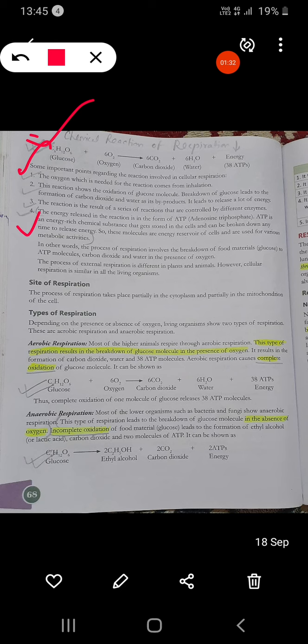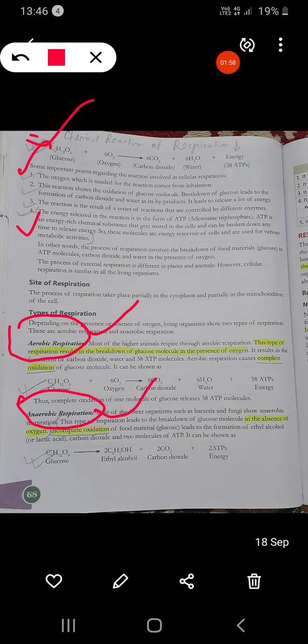Now children, there are two types of respiration: aerobic respiration and anaerobic respiration. Children, as I have already explained, aero means air, that means oxygen. Anaero means absent of air, that means absent of oxygen. That means aerobic respiration takes place in the presence of oxygen.